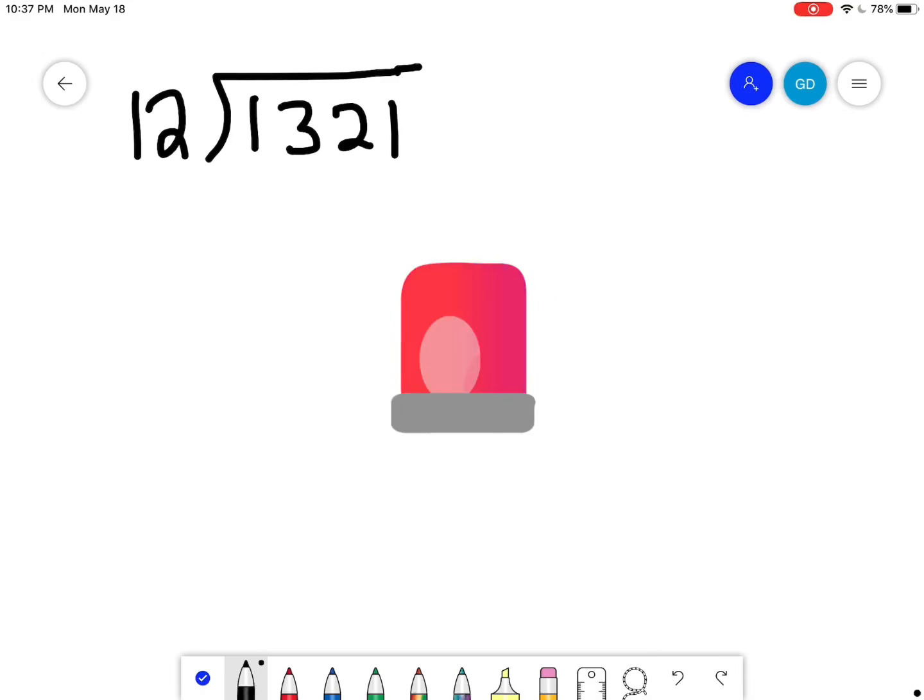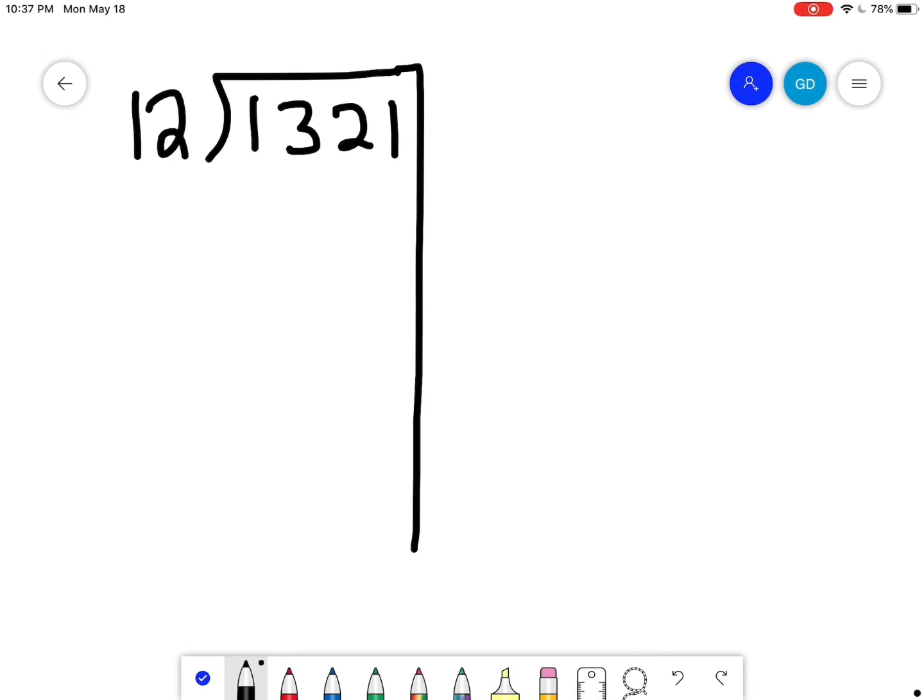What you can do is take this box and draw a line down, and we can work on this side, which is the outside. So what I can start doing is working with numbers that I'm familiar with. One of the numbers that we've worked with a lot this year is 10. 10 is always a friendly number to work with. So why don't I try taking 10 12s out of there first? Because I know that 10 times 12 is 12 with a 0, so that's 120.